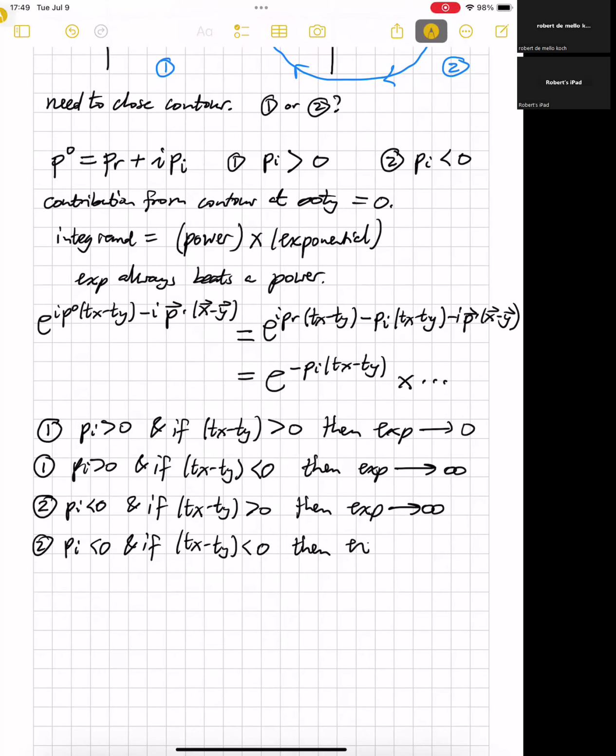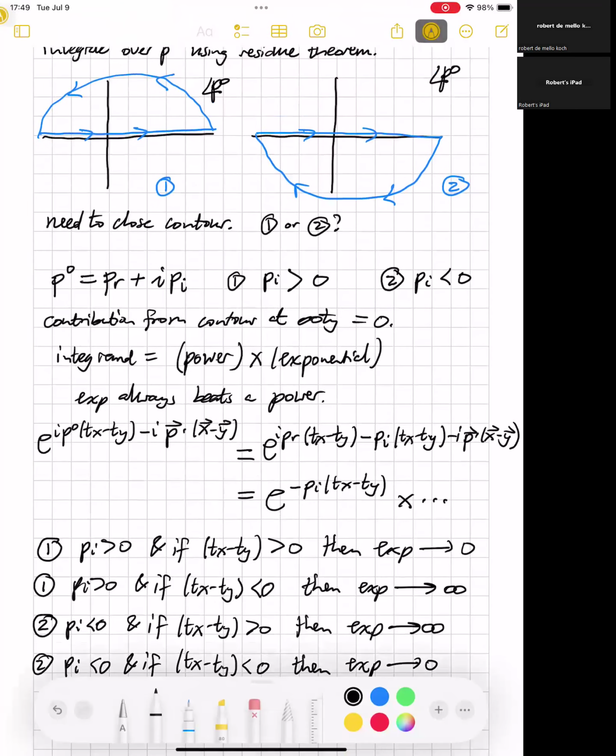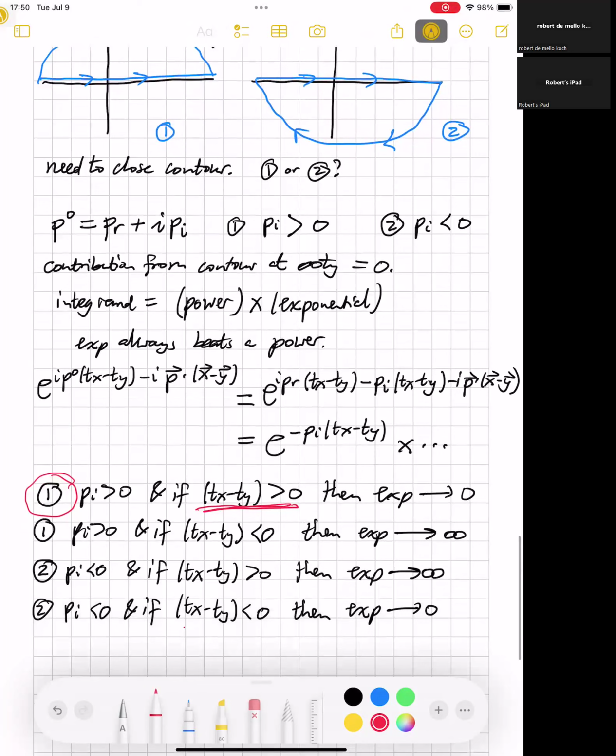So in this case, the exponential is going to 0. So what do we learn? Actually, if tx minus ty is positive, then we should close as in path 1. And if tx minus ty is negative, then we should close as in situation 2.